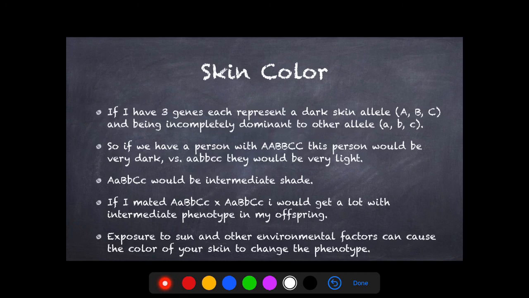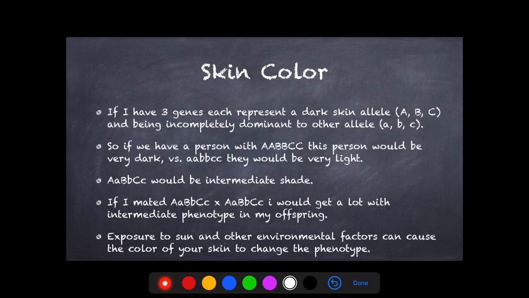If we talk about skin color, this is just an example, so just bear with me as I get through this. So if I have 3 genes and each represent a dark skin allele, so if I have A, B, C, all capital. And then I have an incompletely dominant other allele, which is little a, little b, and little c.